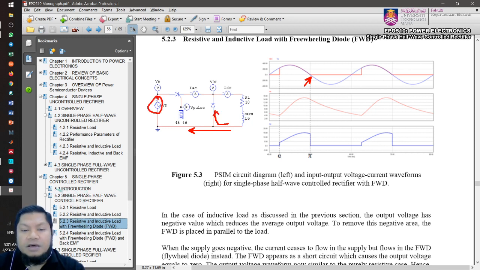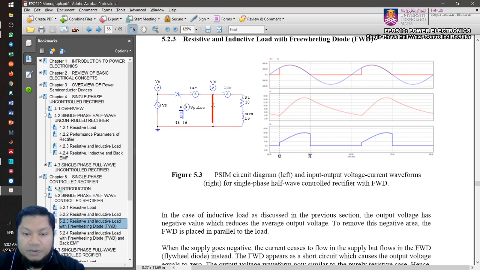Because your supply here is now the negative voltage, the diode now becomes more positive, which is forward biased. The current, instead of flowing back to the input, now flows through the diode, forcing this diode to turn on. So whenever this is turned on, the diode will appear as a short circuit, isn't it?